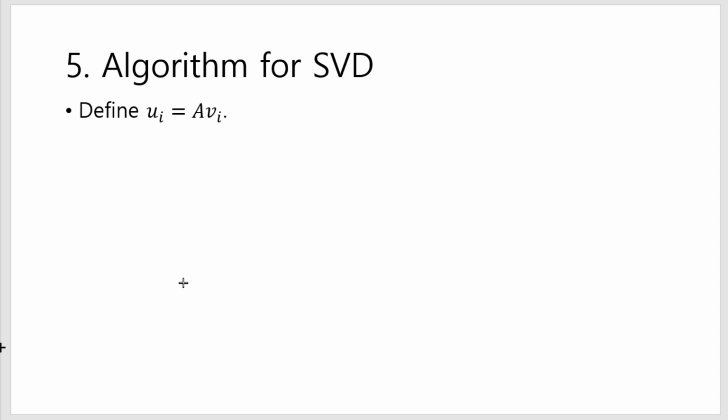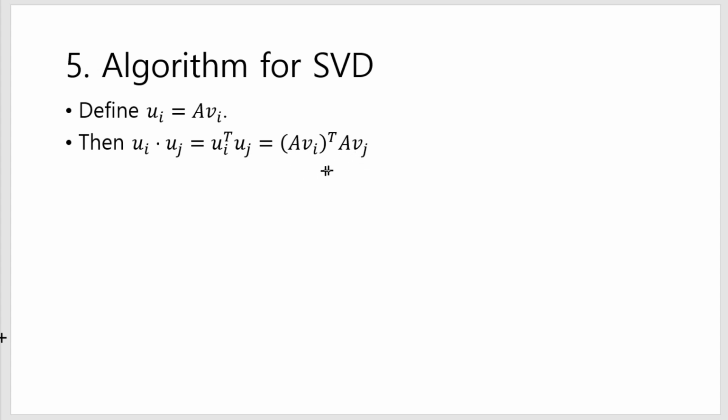All right. Then we still have to figure out what U has to be. So I'm going to do the following. I'm going to define u_i as A v_i. Then if you do u_i dot u_j, just use the definition. u_i would be A v_i. That's how it's defined.